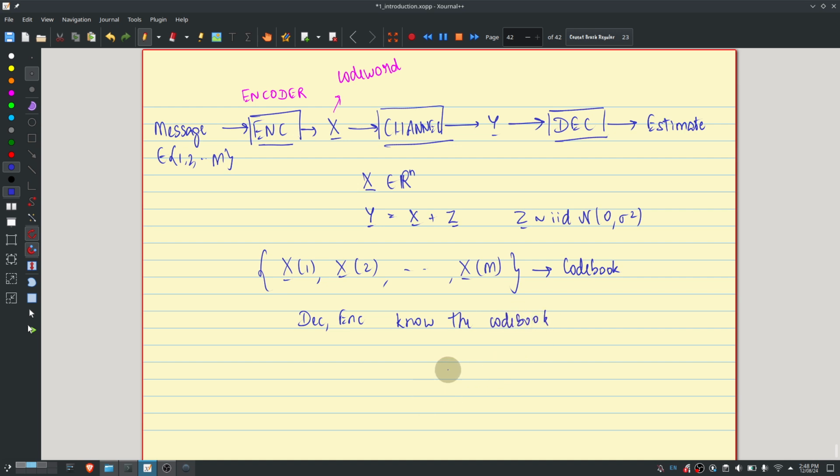So both the encoder and the decoder know the code book. The encoder also knows the message to be transmitted.